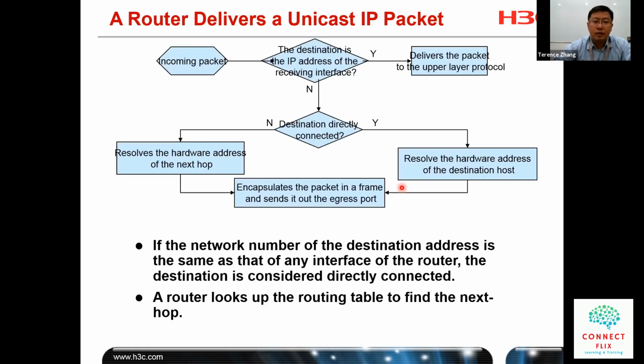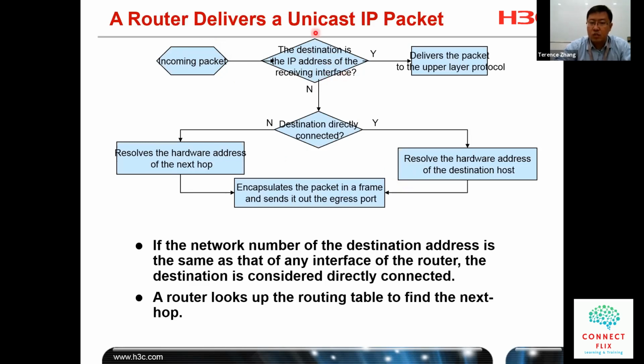Right. Then a router. After we know what a host does, for the router the only difference is here. Because the router has so many ports, so many interfaces, while the host only has one interface. So the only difference is the incoming packet, which means receiving the packet from the outside, from one interface, and first judging whether the destination is my IP or not, right?